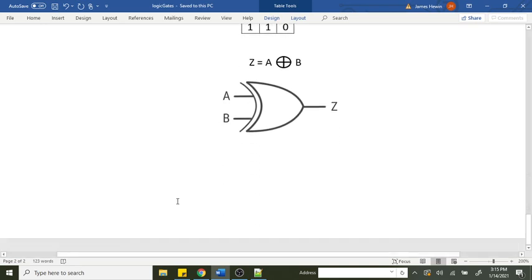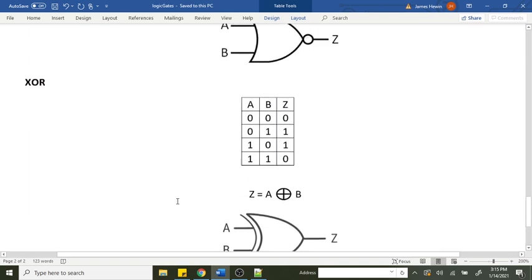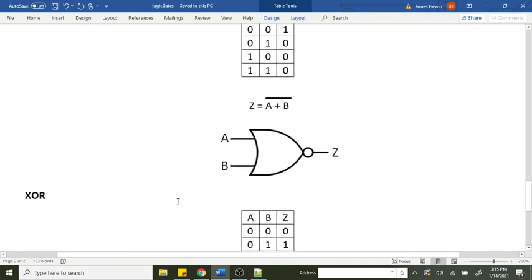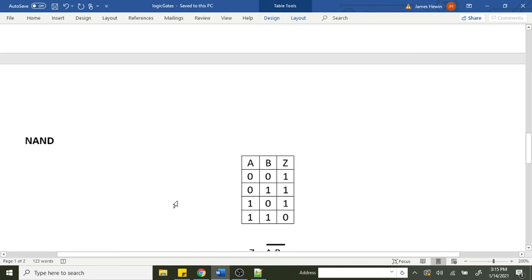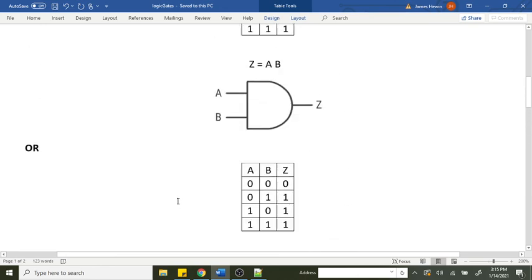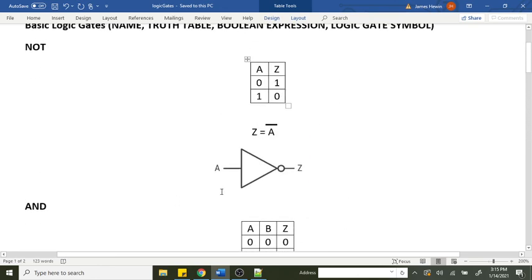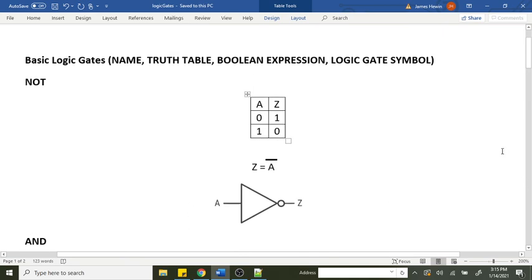So that is a summary of how these 6 basic logic gates work. And of course, these are just the individual gates. These will be connected up together to produce useful combinational logic circuits.